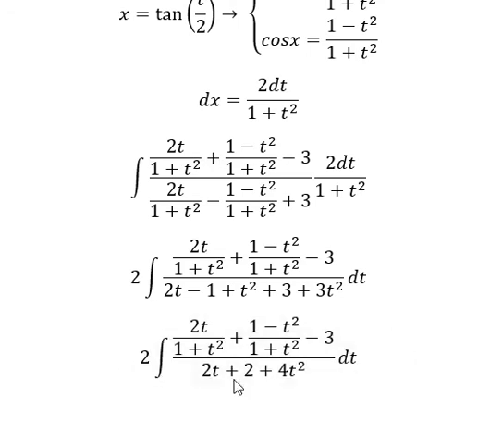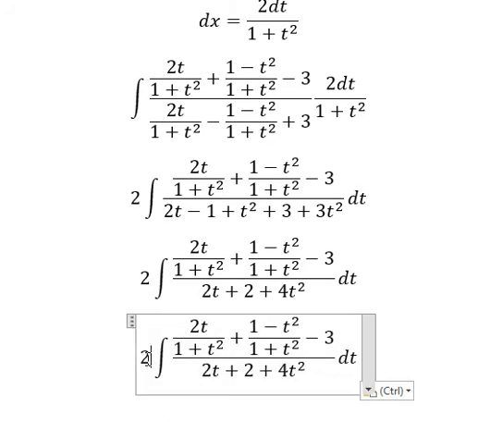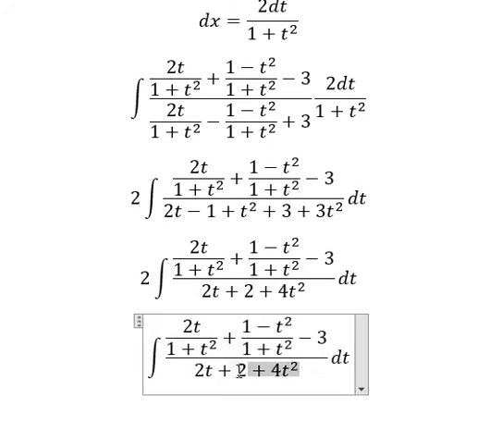So we have number 2, number 2, number 2, and number 4. We simplify this one. And we will get 2t squared plus t plus 1.